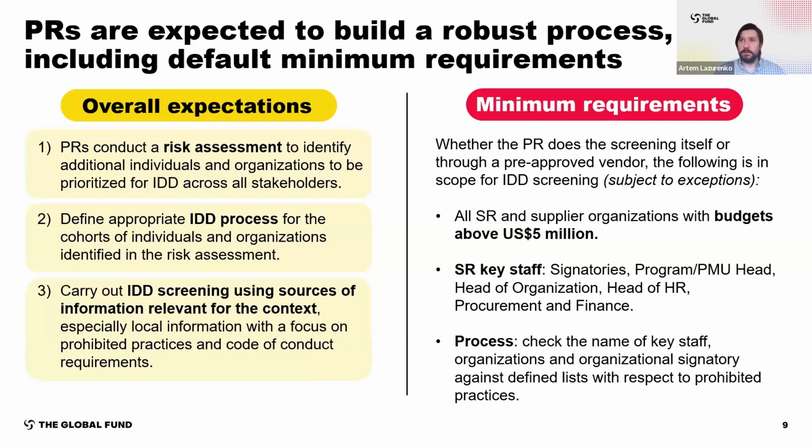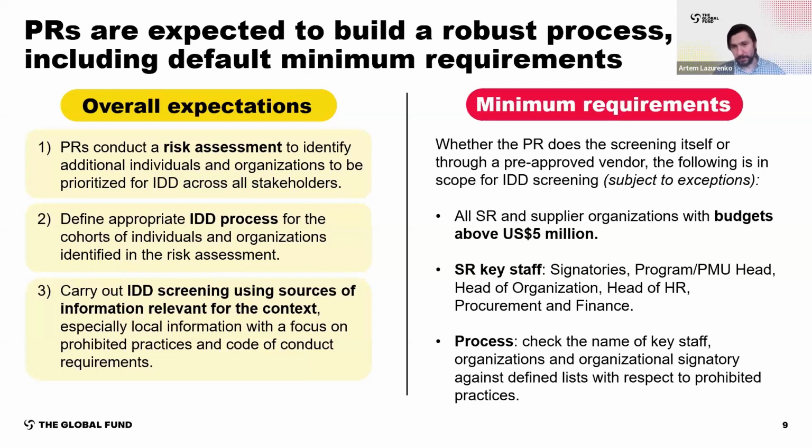So if on the defined lists that are set out in the guidelines, the UN lists and the US OFAC lists, the Switzerland lists, these individuals are listed for these activities or for any kind of restrictive measures, they need to be screened out.